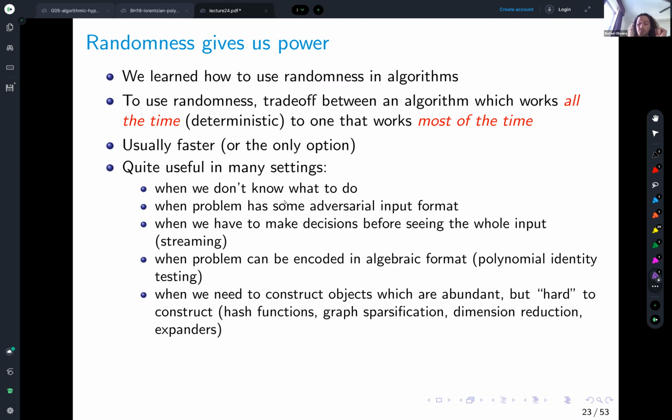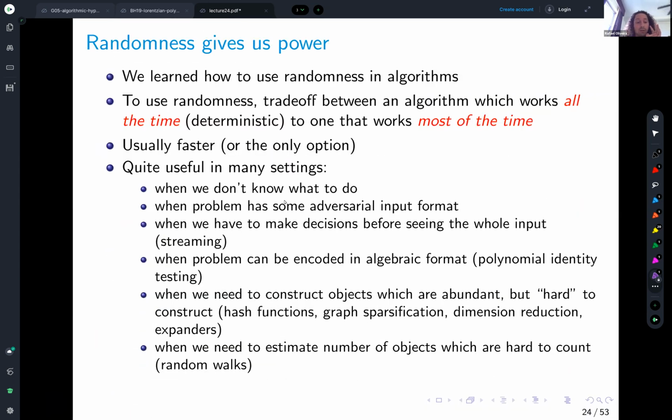Okay, and the other one as well, which was a really great application that we saw where randomness was useful, is when we need to estimate the number of objects which are hard to count. If there are certain objects that are hard to count, you can use random walks to essentially count the number of those objects. We didn't see an application of this in class, right?